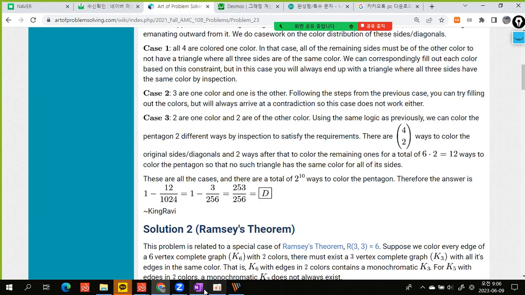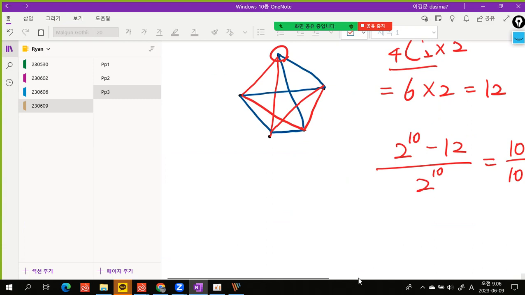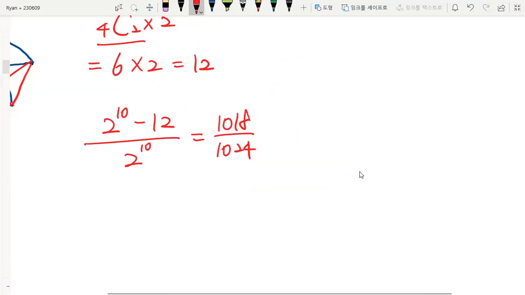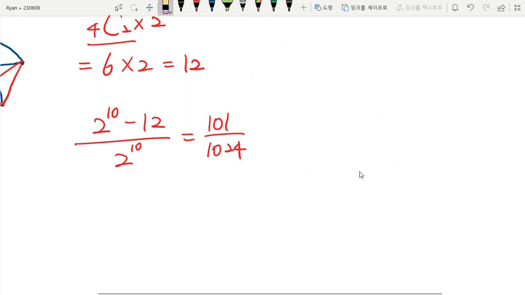D, because it's divided by 4. That's actually 12, right? This is 12, so now when we divide this by 4, the fraction comes out.